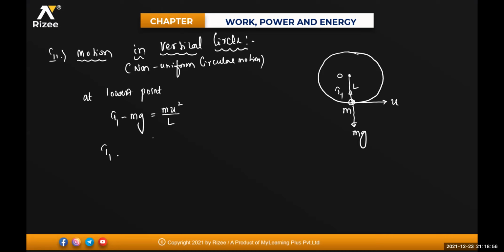That means I can write T1 will be equal to m into u square by L plus m into g. That will be the maximum. So maximum tension will be present at the lowest point of the body. So T max will be equal to m into u square divided by L plus m into g.